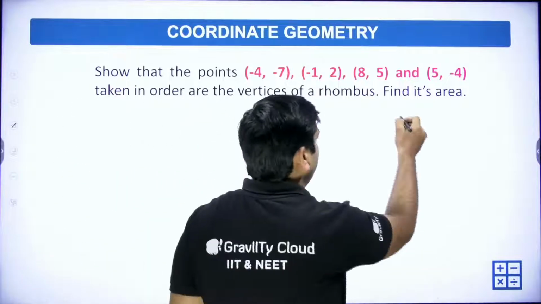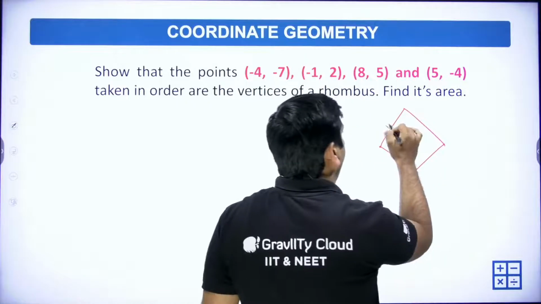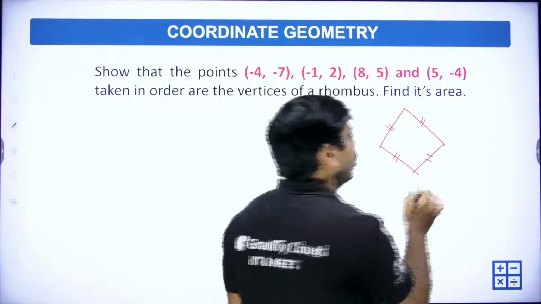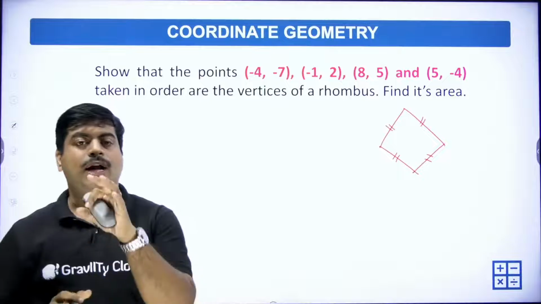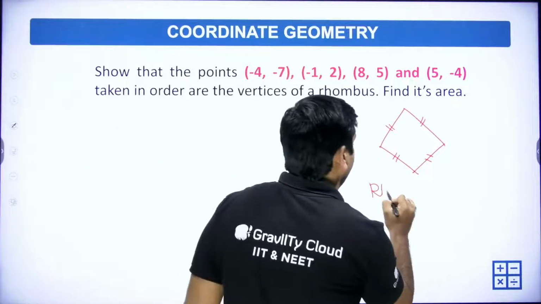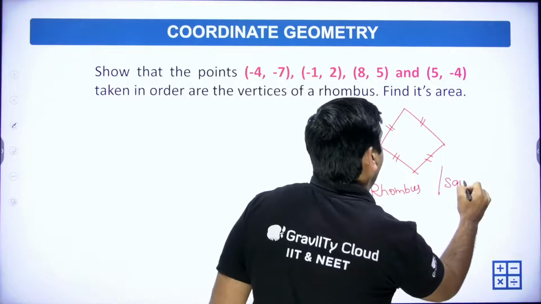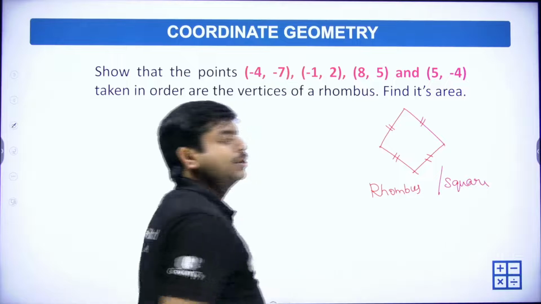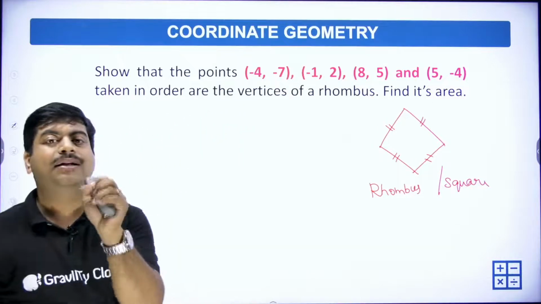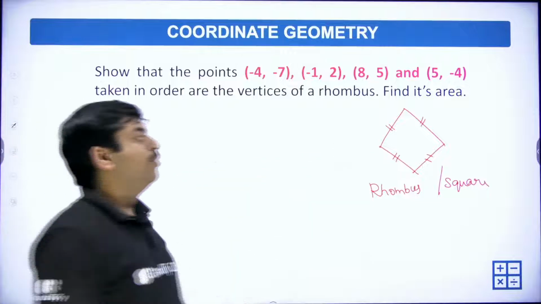Okay. So in a rhombus, all the sides are equal. And when I say all the sides are equal, you may think that it is a square. No. Rhombus and square have all the sides equal, but diagonals are not equal in a rhombus, whereas they are equal in a square.